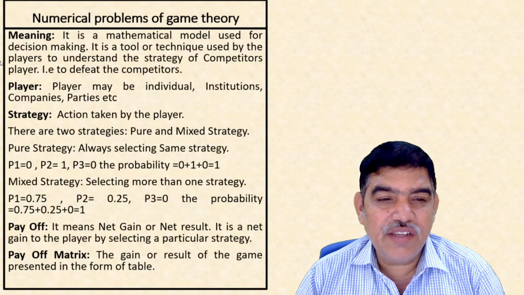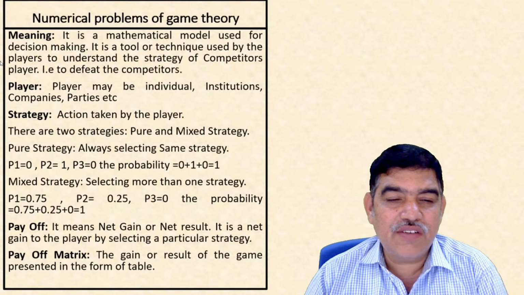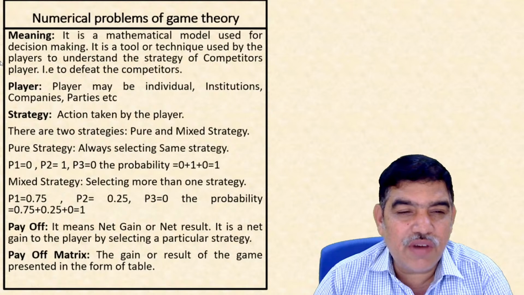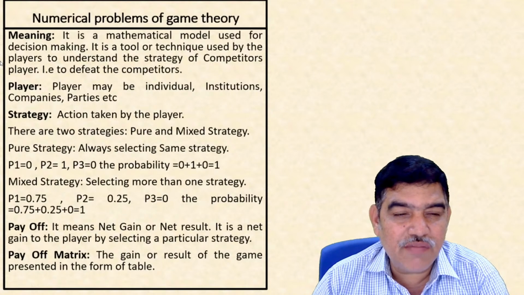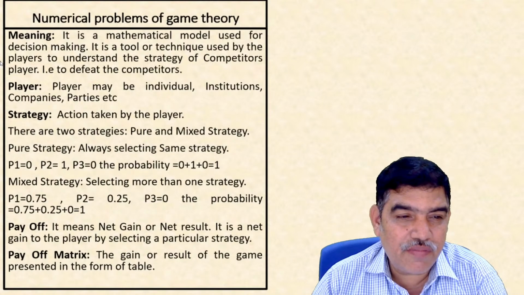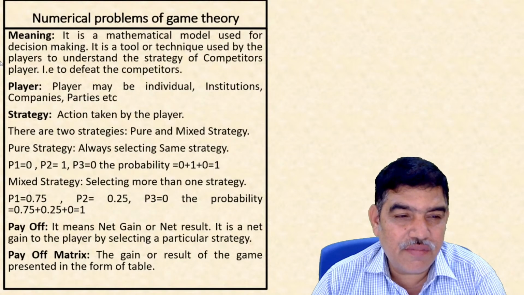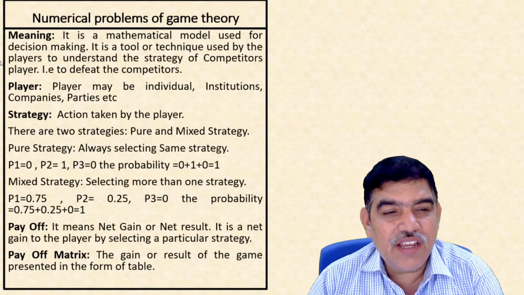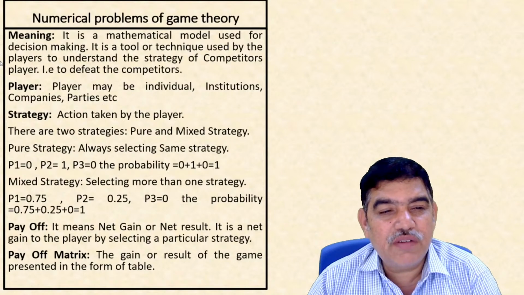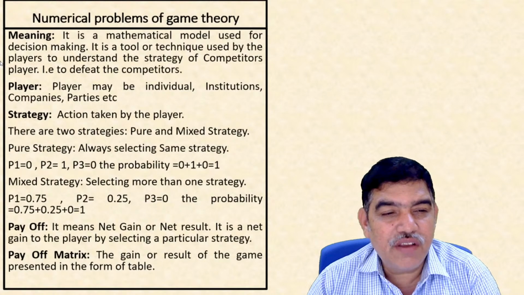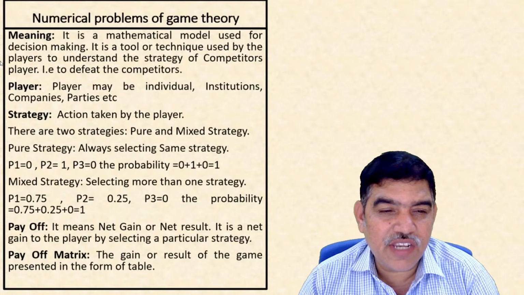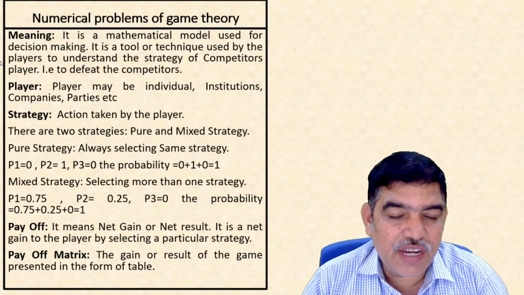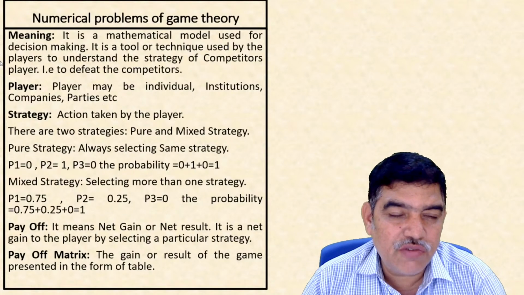In mixed strategy, we select more than one strategy, not only one strategy. You can select more than one strategy. For example, the probability of the first strategy P1 equal to 0.75, and we also select the second strategy for the profit, known as the probability P2.